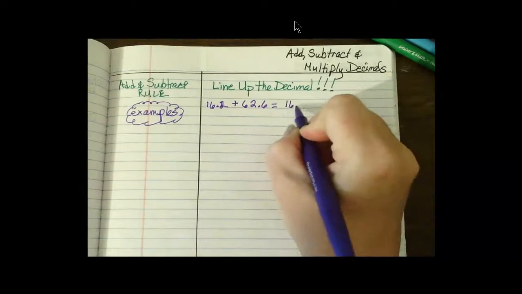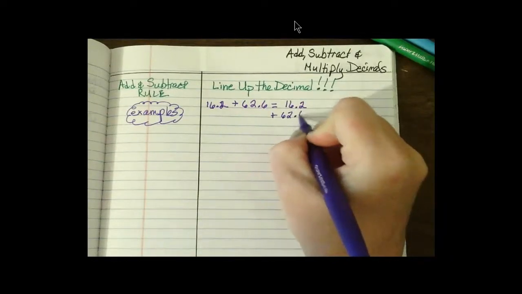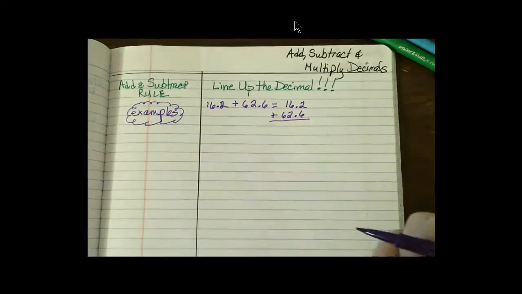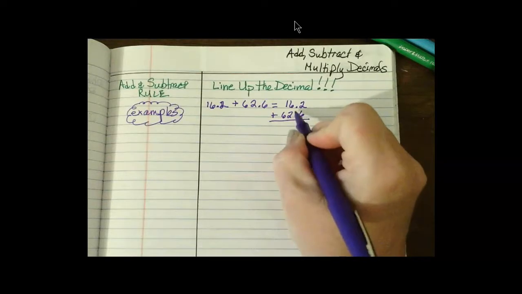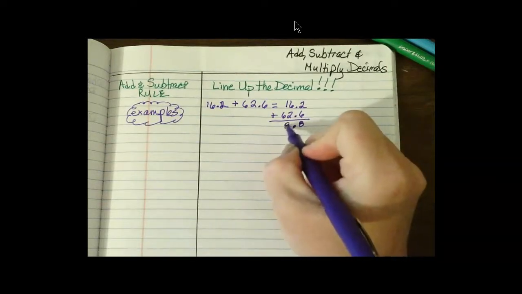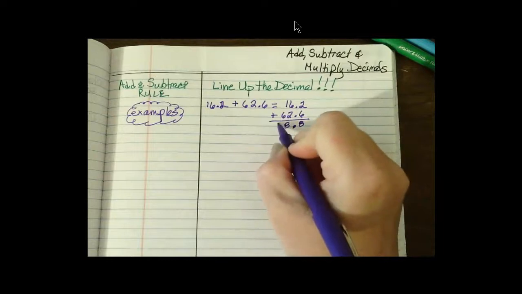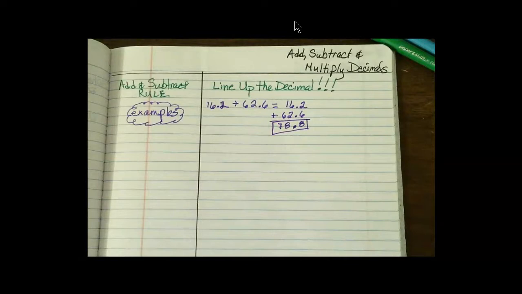So that makes it 16.2 plus 62.6. All right? And then you just add. 2 plus 6 is 8. Keep that decimal right there. Don't move it. 6 plus 2 is 8 again, and 1 plus 6 is 7. And there's our final answer. Again, remember to put a box around your answer so I don't have to look for it. Because if I have to look for it, it's wrong.